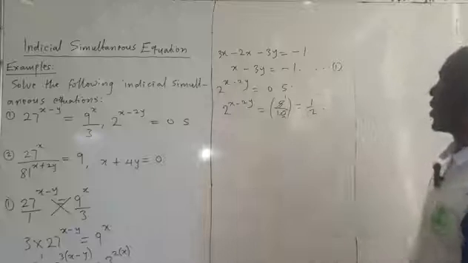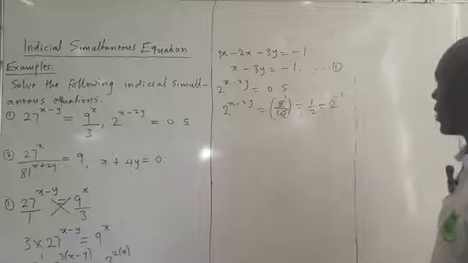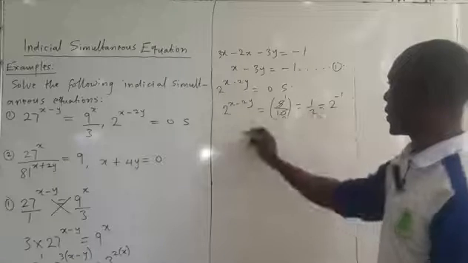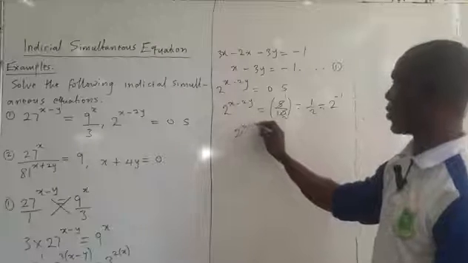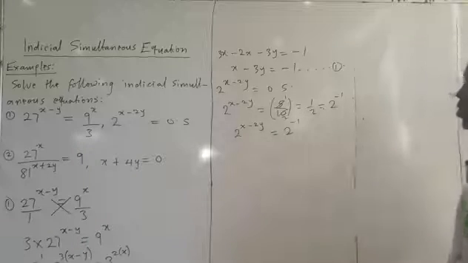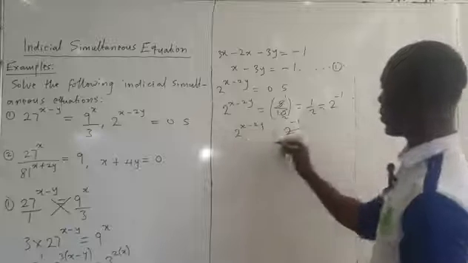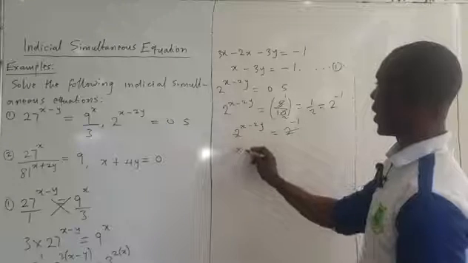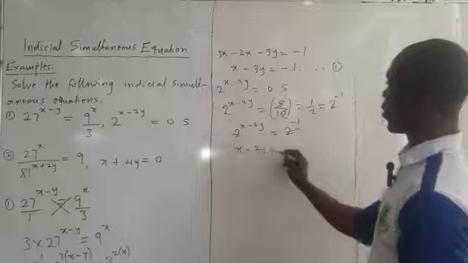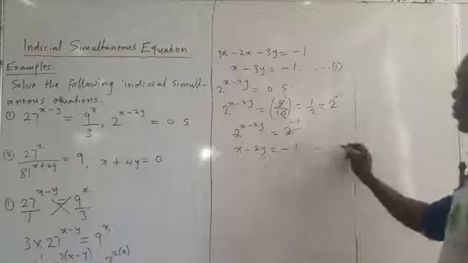And 1 over 2 in index form is the same thing as 2 raised to power minus 1. So we can now equate: 2 raised to power x minus 2y equals 2 raised to power minus 1. Since we have the same base, we can cancel out the base and equate the power. The power will be x minus 2y equals minus 1. So we got equation 2.